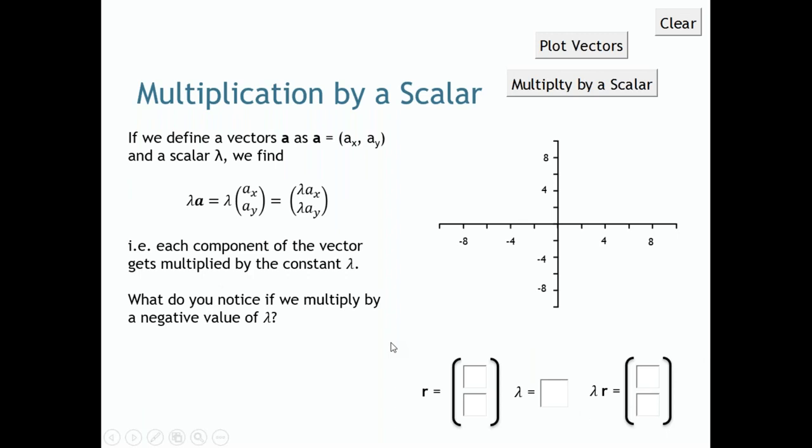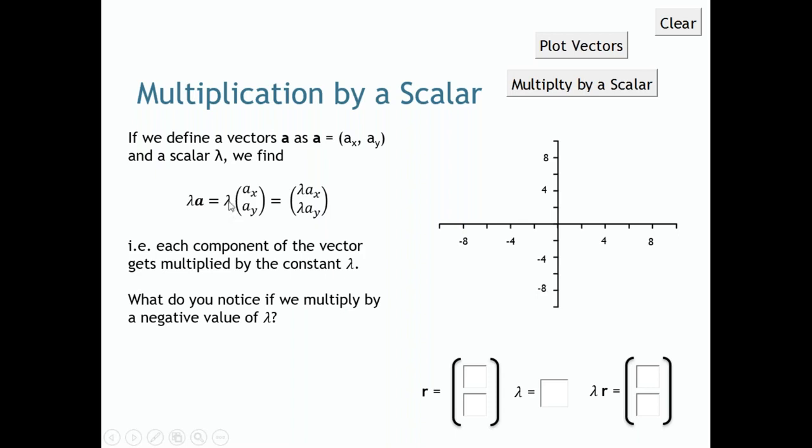Then for multiplication by a scalar, let's look at this example. If we define a vector A as A equals (A_x, A_y) and a scalar, which I call alpha, we can find alpha A is equal to alpha times (A_x, A_y), which equals (alpha A_x, alpha A_y).